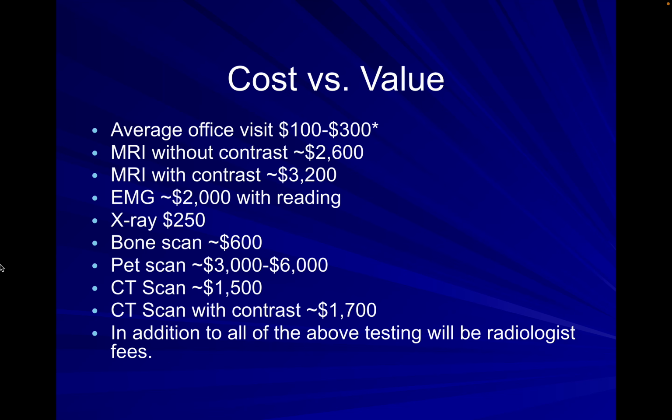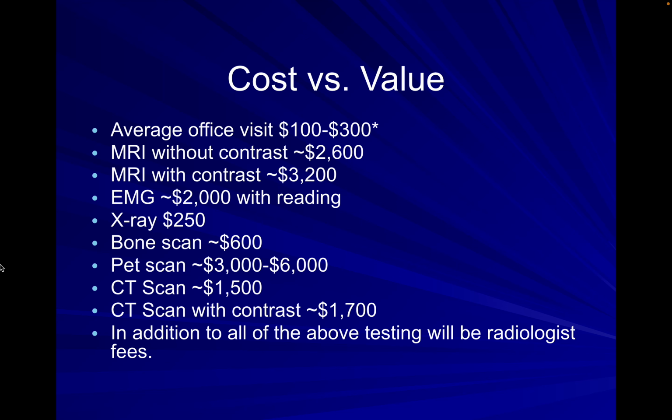Here is a look at the cost versus the value. Keep in mind that office visits already are fairly expensive, going to the doctor. But then take a look at how an x-ray might only be a couple hundred dollars, whereas an MRI is typically a few thousand.